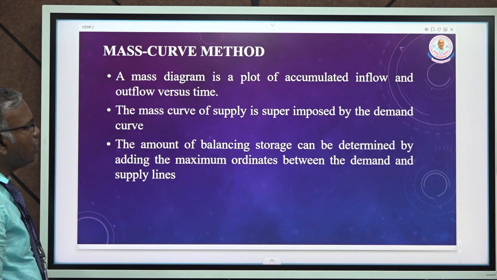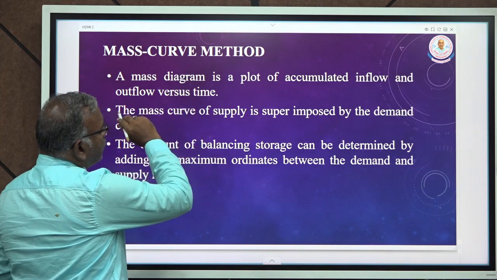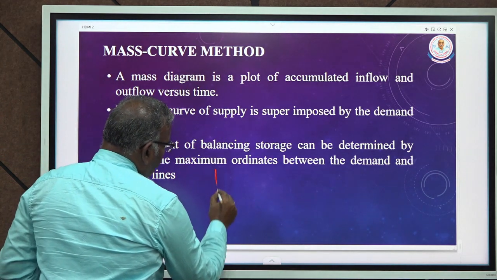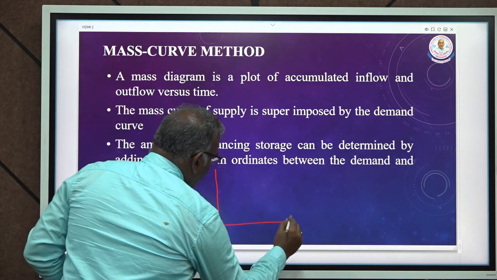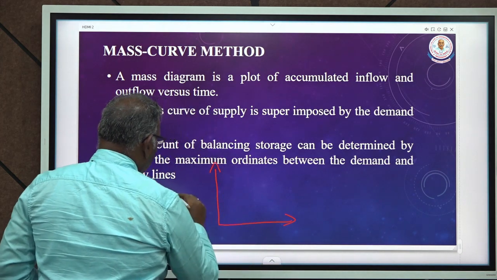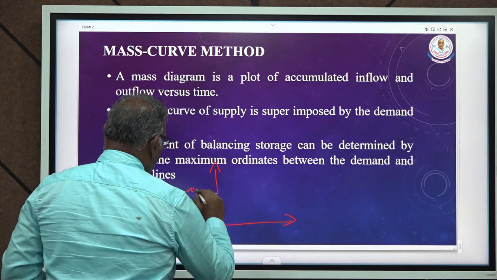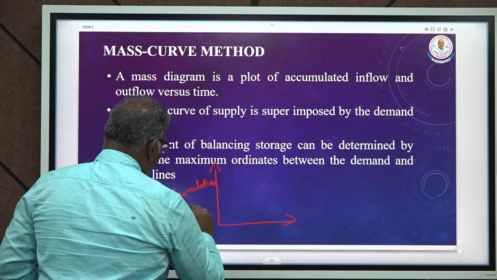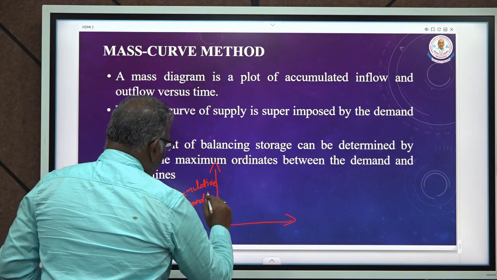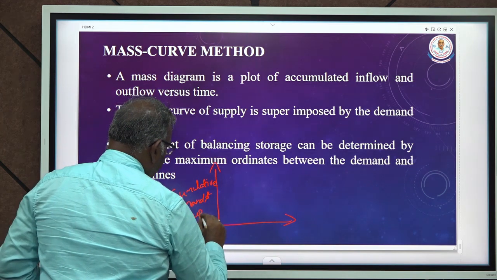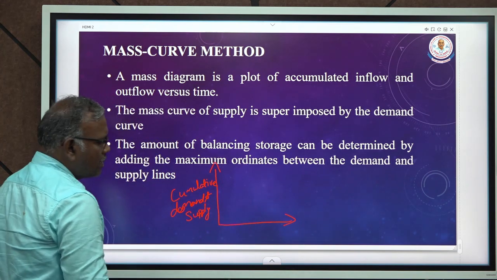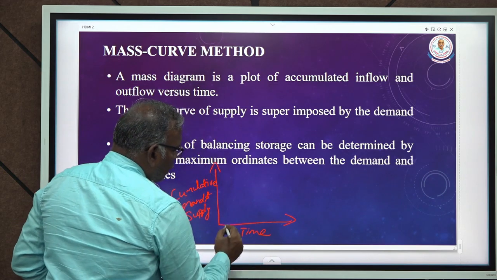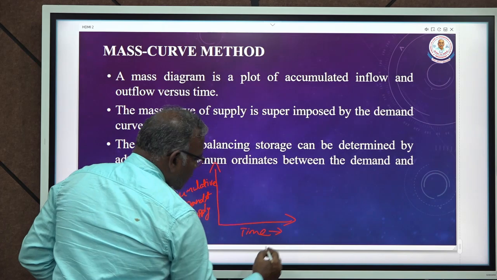Okay, the procedure for the mass curve method: a graph is plotted between the total cumulative demand and supply along the y axis, and the time period along the x axis.